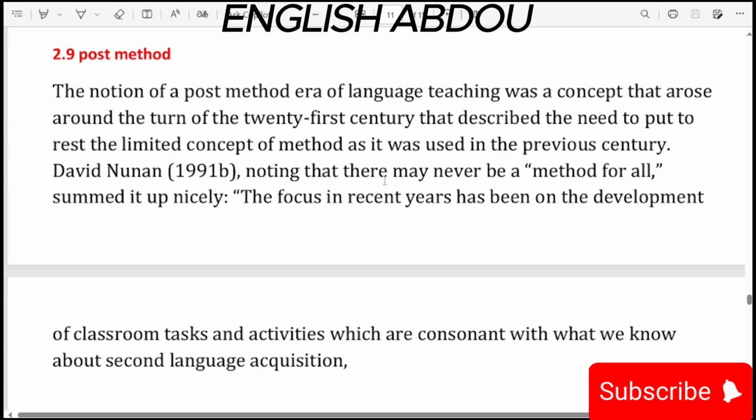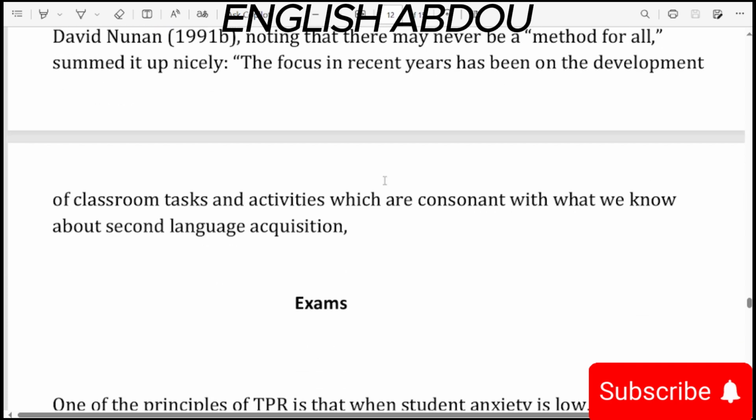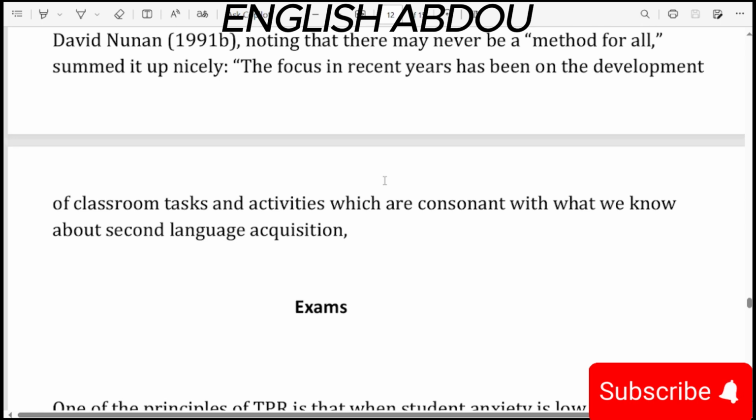Summed it up nicely. The focus in recent years has been on the development of classroom tasks and activities which are consonant with what we know about second language acquisition.